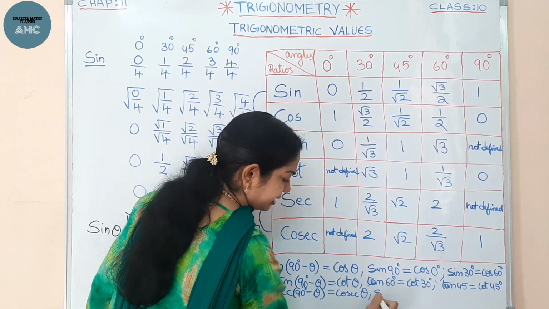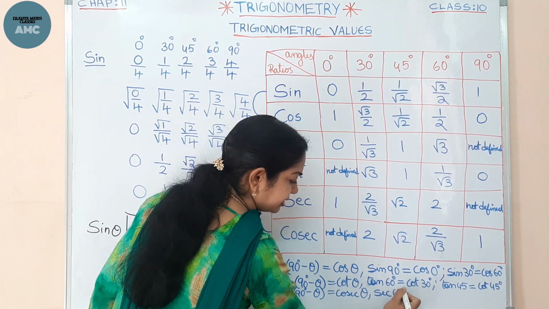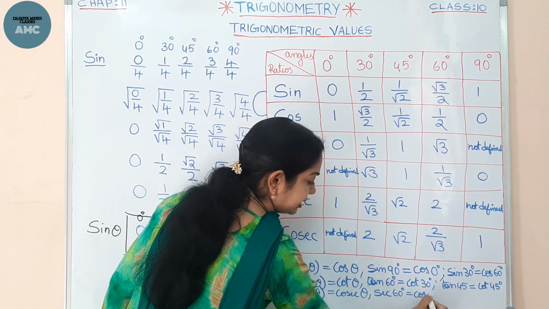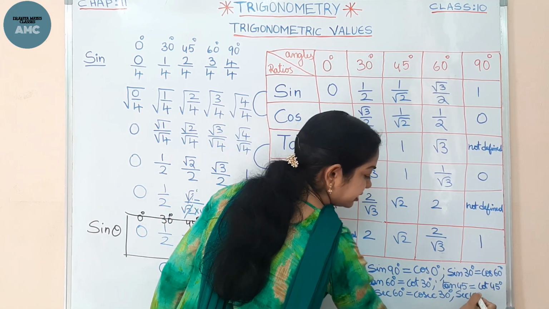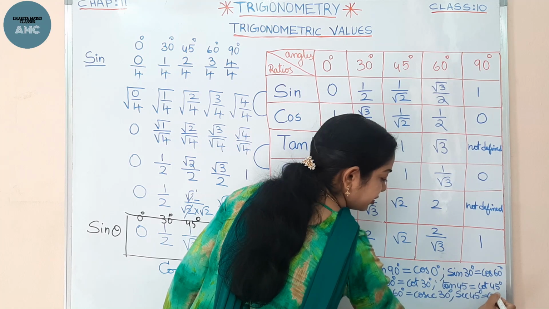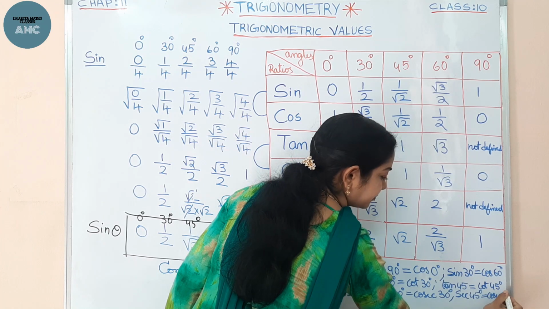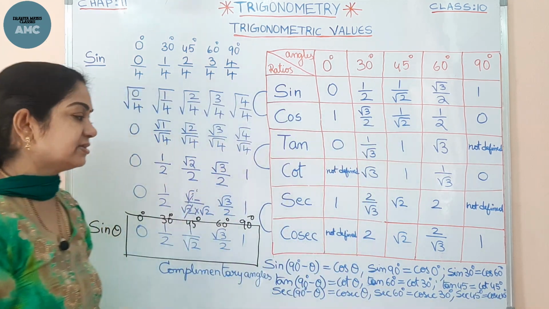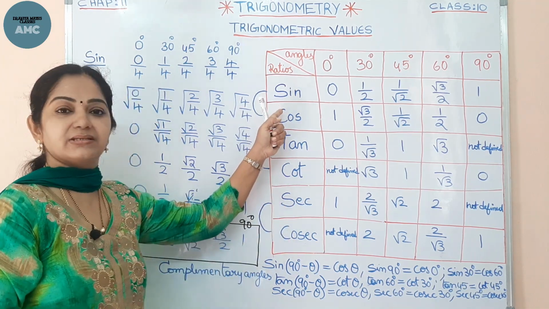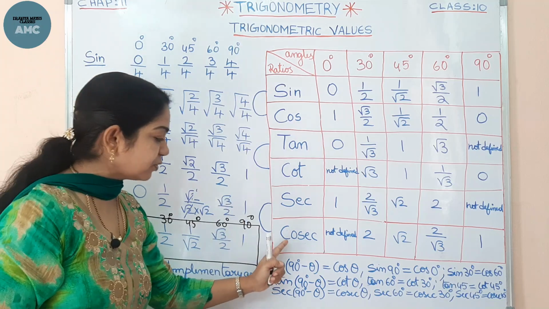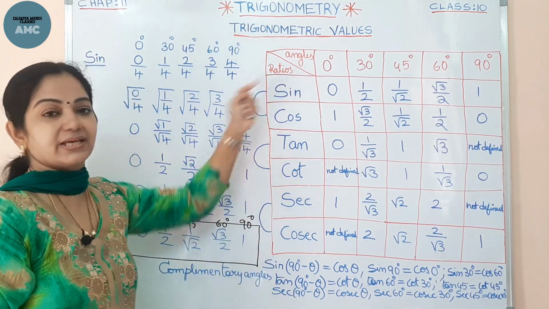That means you can also take any value. Secant 60 degrees is equal to cosecant 30 degrees. Likewise, secant 45 degrees is equal to cosecant 45 degrees. That means they form a complementary pair. Whereas for secant, the multiplicative inverse is cos, and for cosecant, the multiplicative inverse is sine.